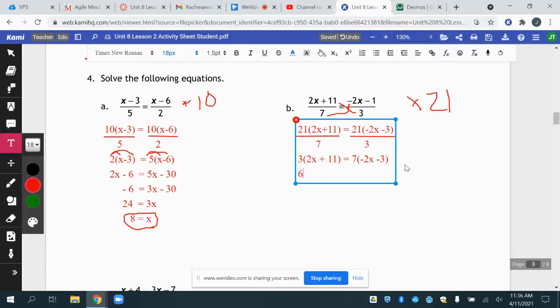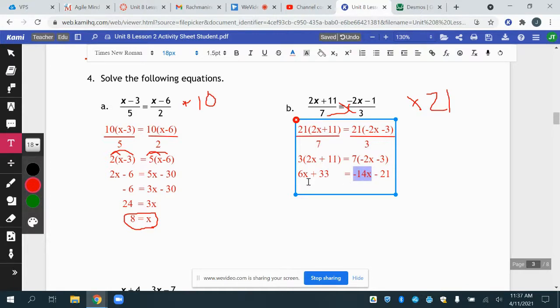Okay, so now we got 6x plus 3 equals negative 14x minus 21. Then I'm going to add 14 x's to both sides.